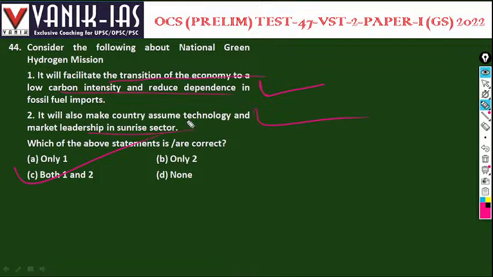There is no dominance of a particular industry in case of sunrise sector. Okay, next.